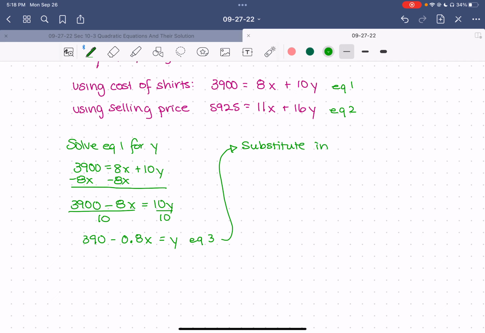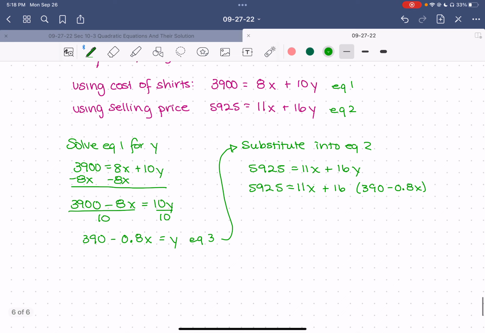So substitute into equation 2, 5,925 equals 11x plus 16y. The numbers get big with word problems sometimes, but the process is still the same. And yes, I am going to take a calculator out.